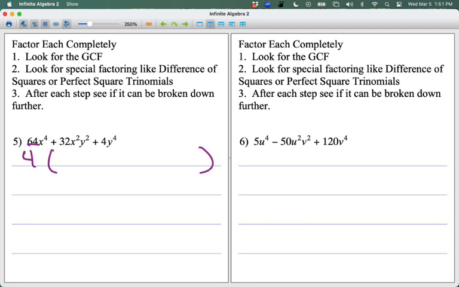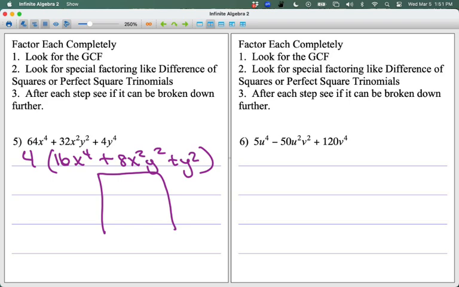When I divide 4 out of 64, I'll have 16x to the 4th. When I divide 4 out of that, I'm going to have 8x squared y squared. And when I divide a 4 out of that, I'll have a y squared. I'm going to do the box method and see what happens.